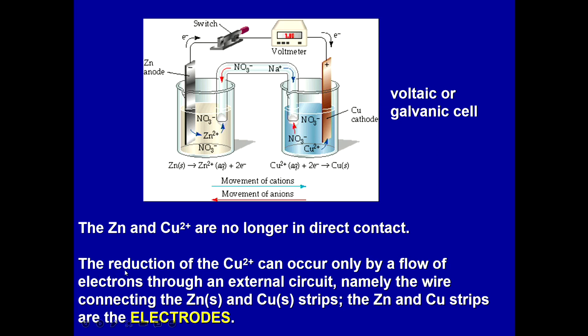So the reduction of the copper cation can occur only by a flow of electrons through an external circuit, namely the wire connecting the zinc solid and the copper solid strips. The zinc and the copper strips are called electrodes.